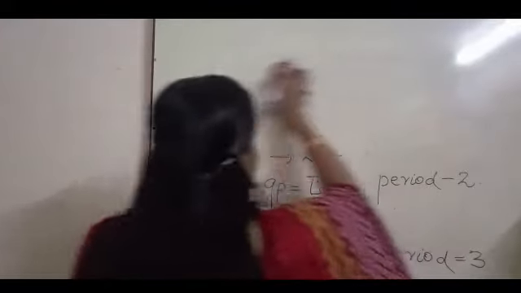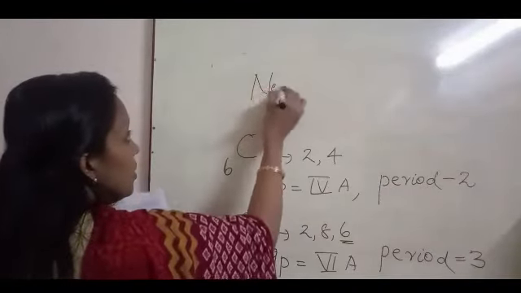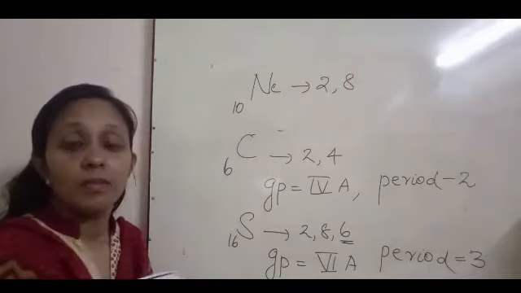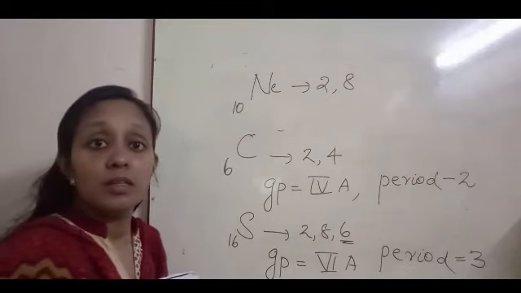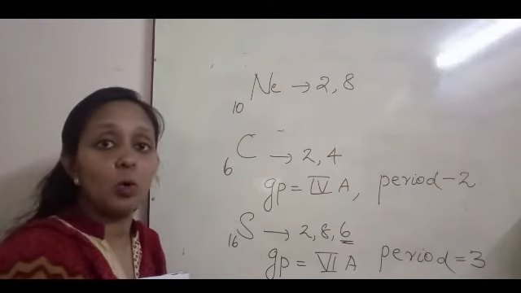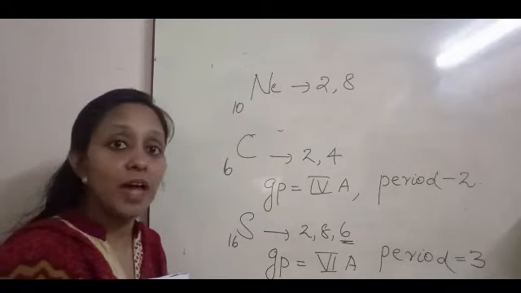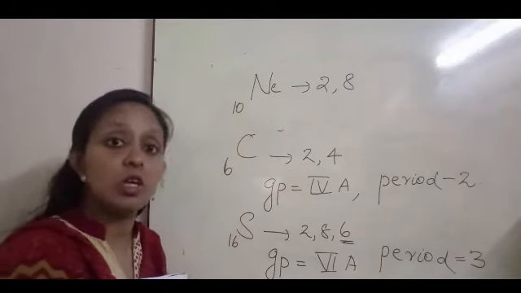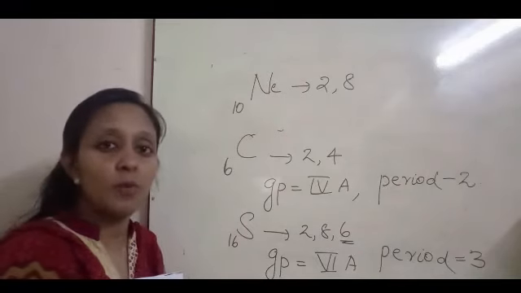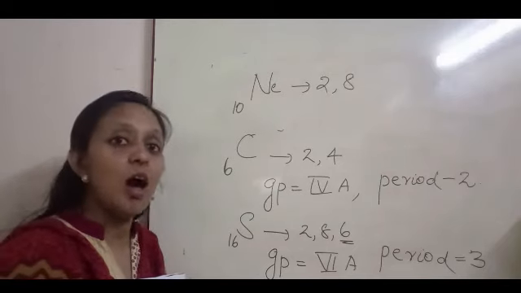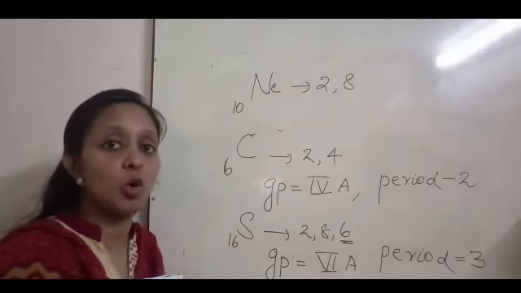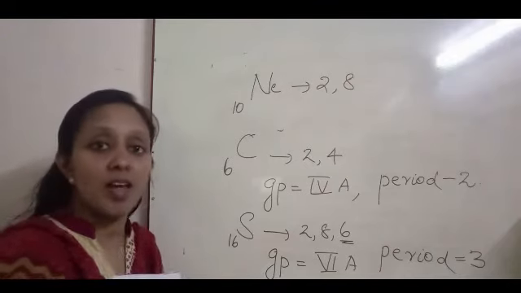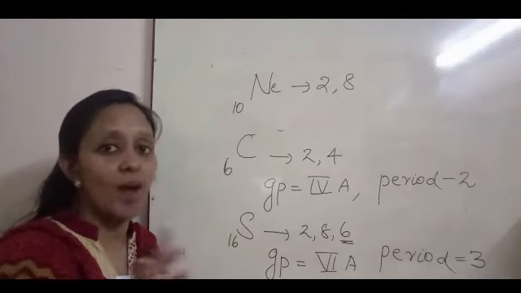Now the next one is neon. What is the atomic number of neon? Neon has atomic number 10. Electronic configuration is 2, 8. Have you followed, children? Here, we haven't learned a group 8A. Instead, we have a group after 7A. Which group, children? 0 group. 0 group means the valency of those elements will be 0, which means they will not go for any transfer of electrons like donating, accepting or sharing.